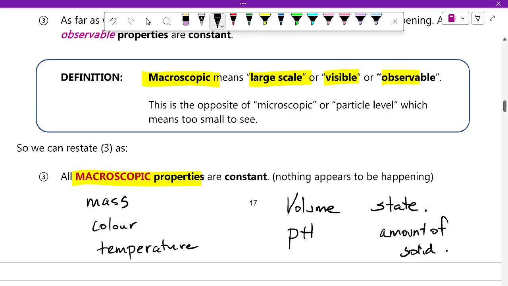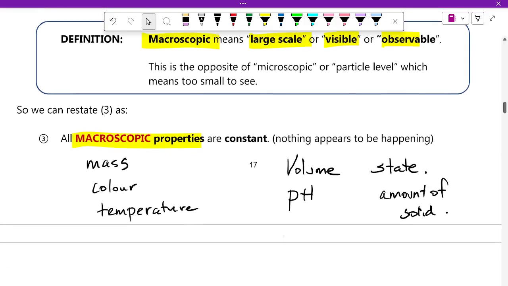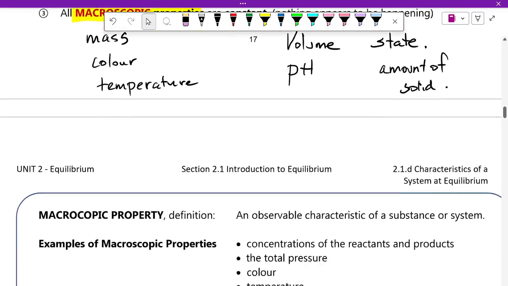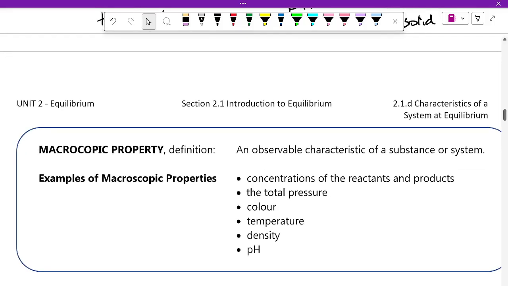Okay, all of those are macroscopic properties and they all remain constant. So we could also include concentration in there, even though we can't really see it. Macroscopic properties, concentrations, some of them we can measure. Total pressure, color, temperature, density, pH. You don't really need to be able to make a huge list or anything like that.